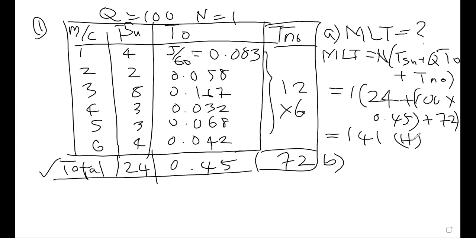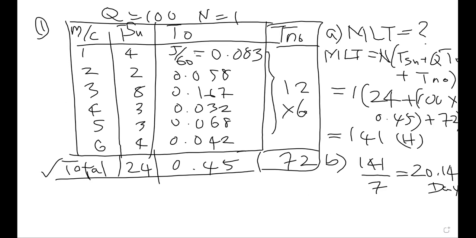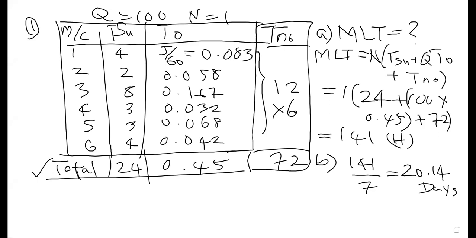So we take the total hours, 141, and divide by the hours per day, so we can get the days. So that is B.